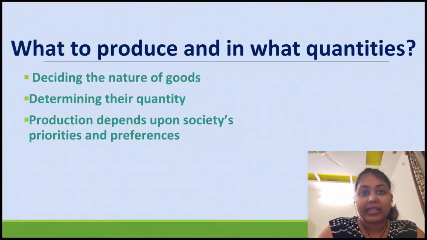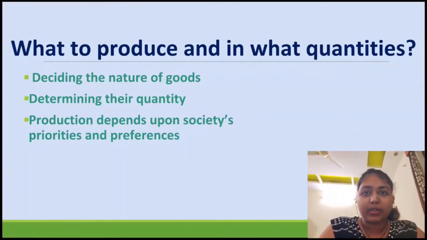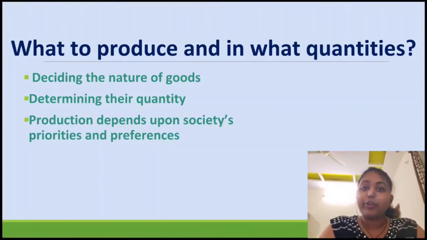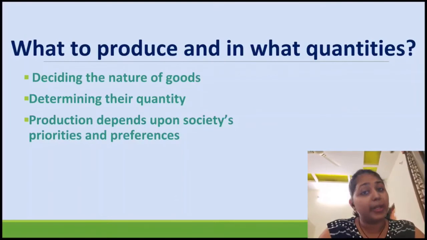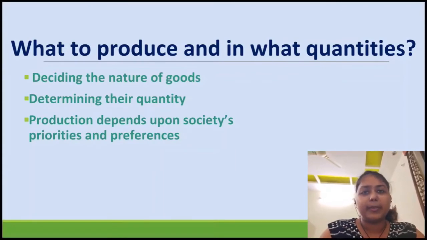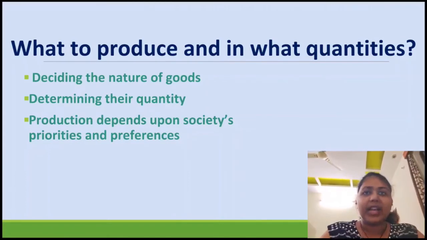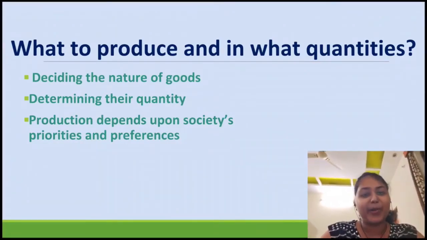And production also depends on the preference and priority of the economy. If there's a wartime situation, then obviously more wartime goods and defense related products will be produced. But if there's peacetime in the economy, then more peacetime goods will be produced. So it depends on what the economy is facing. That's how we answer the first question, what to produce and in what quantities.